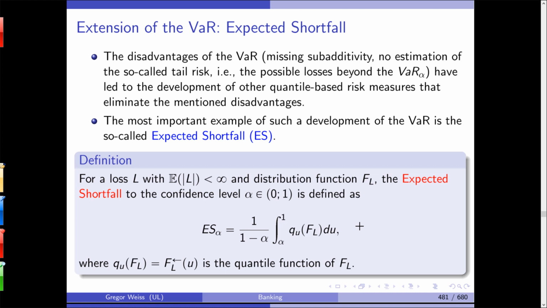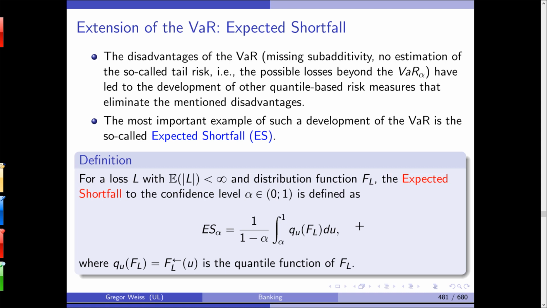Mathematically speaking, there are slight differences between conditional VAR, tail VAR, or expected shortfall. For me, and I would consider myself an economist first and a mathematician second, no one cares about this in practice. It's always expected shortfall. There are only slight differences between discrete distributions and continuous distributions, but we don't have to care about this.